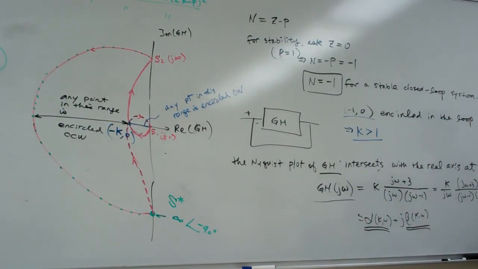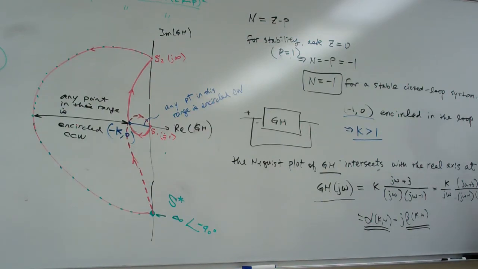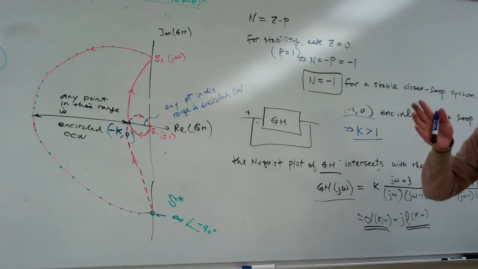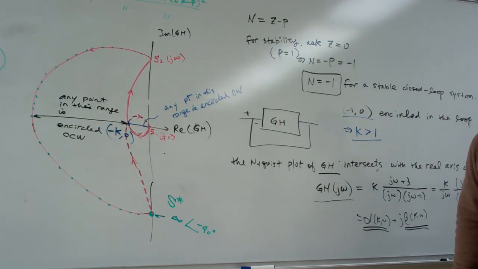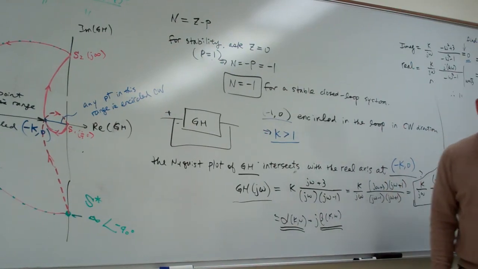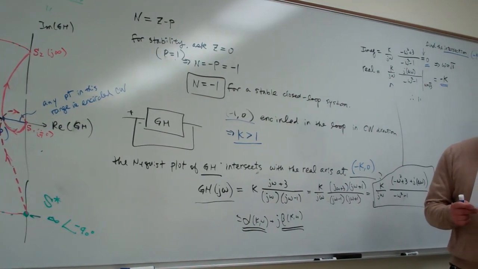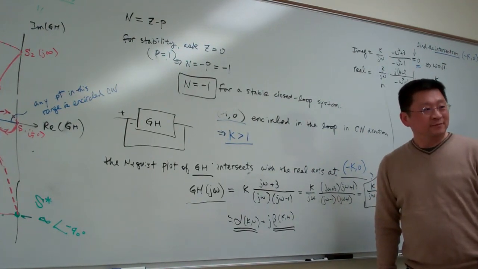What happens at K equals 1? When K equals 1, that's called marginal stability. Okay. Good.